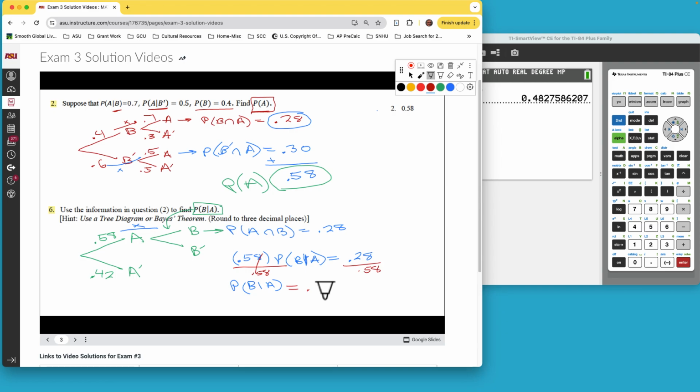Okay. And that's question 6, and we see our answer is 0.483. So we can use these tree diagrams, but you could have also used Bayes' theorem. This gives us a visual way to work through it without having to memorize any formulas. All right, thanks.